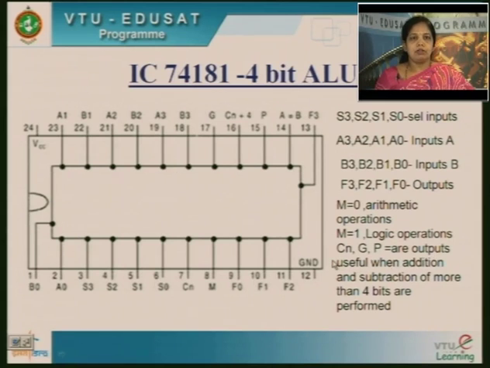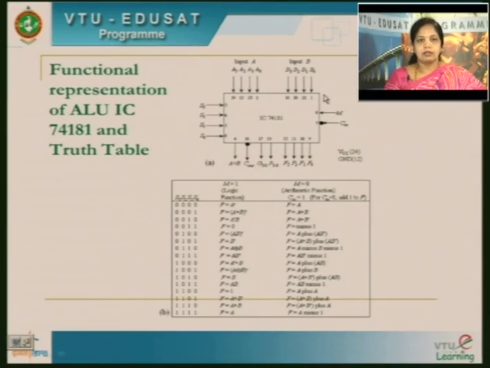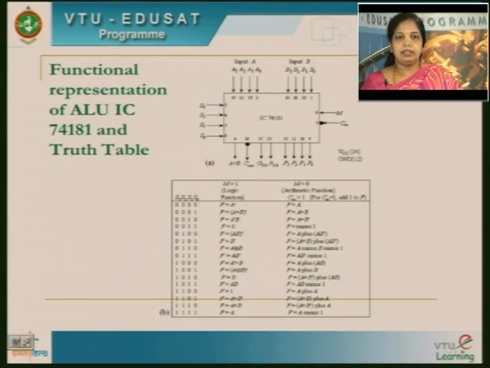We have another set of outputs, Cn plus 4, G and P, where these bits are particularly used whenever you do operations like addition and subtraction, if you are performing on more than 4 bits. So we have here G, P, Cn and Cn plus 4. We can call these Cin and Cout. You can just see this functionality.